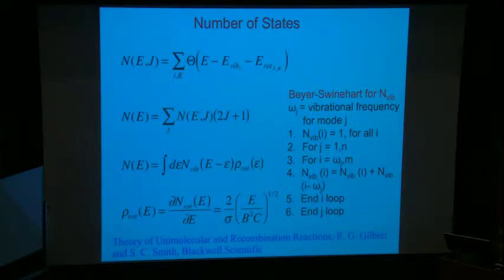If you try and do it at the microcanonical level, it gets a little more complicated, but it should still not take you more than another day. I would be surprised because some mathematicians made a great algorithm for counting states, something called the Beyer-Swinehart algorithm. If you try and just count states naively, the way I would do it, you would get yourself into problems of massive loops for having many modes.